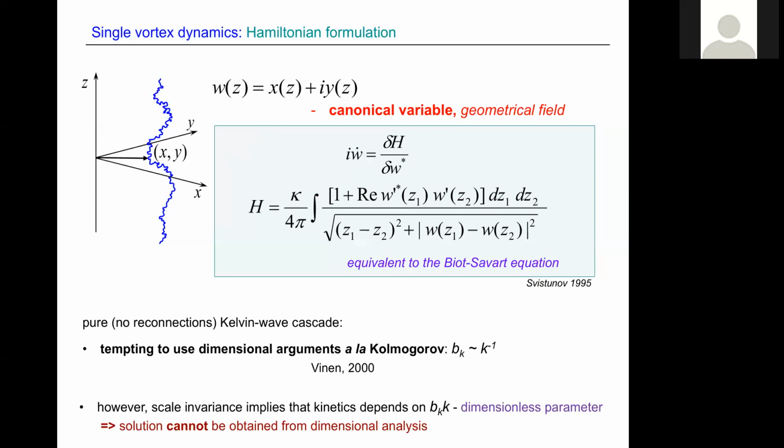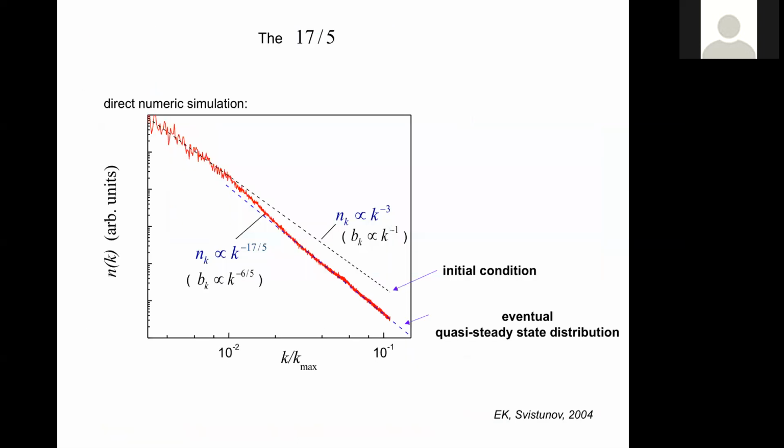And if you do it, I'm just going to flash a numeric simulation as a demonstration. You can start with the k^-1 spectrum for the amplitude, and here I also write it for the occupation numbers. For occupation numbers, it corresponds to k^-3. You can start with this as the initial condition, but then if you run the simulation, you see that the solution transforms to a different exponent, -17/5.